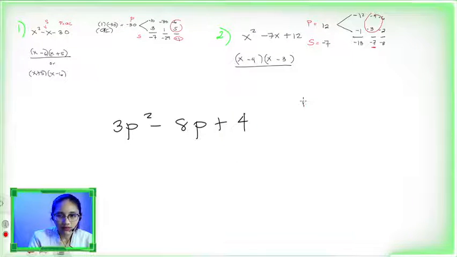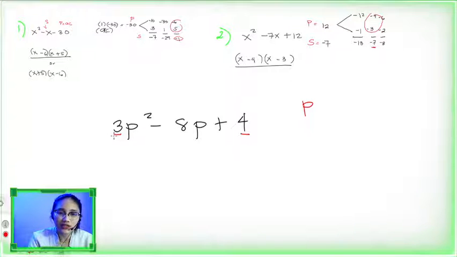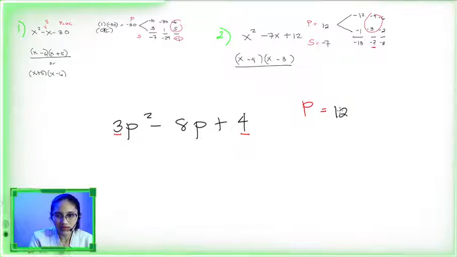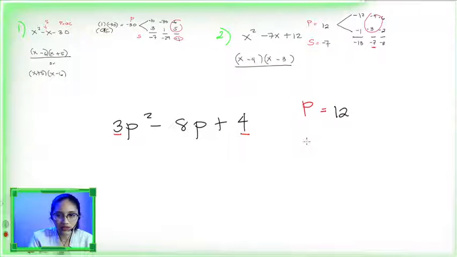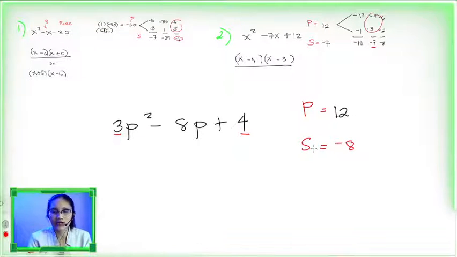Again, we're going to look for the product of A and C, the numerical coefficient of the quadratic term and the constant term. The product is 3 times 4, positive 12. And the sum that we're looking for, we're going to refer to the linear term, negative 8. Yun yung makikita natin na result.